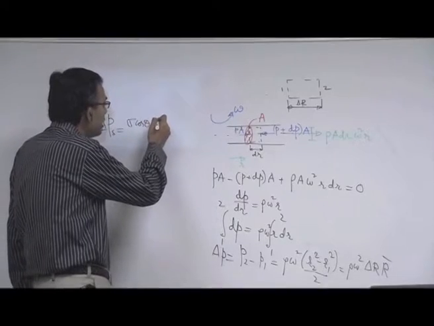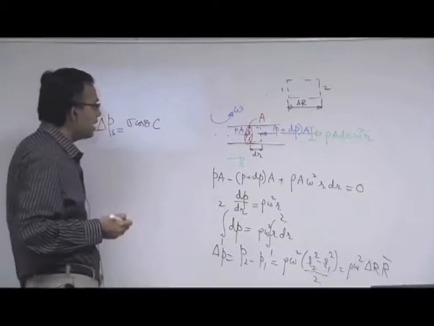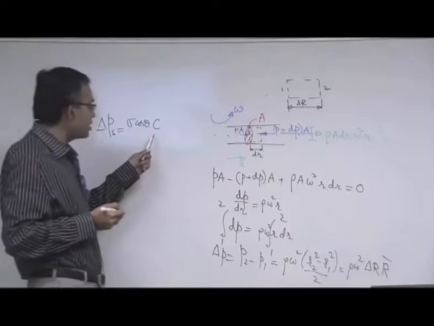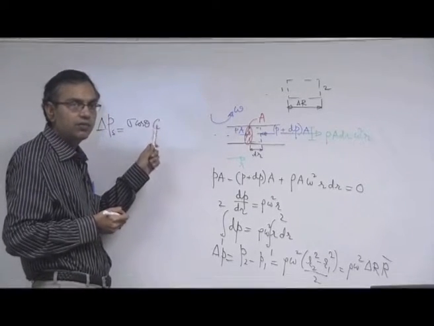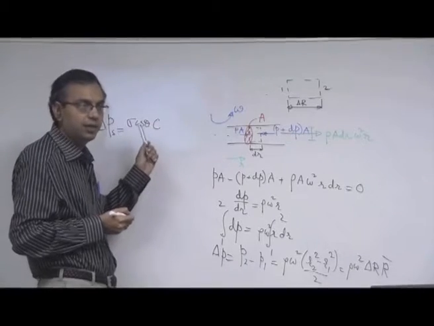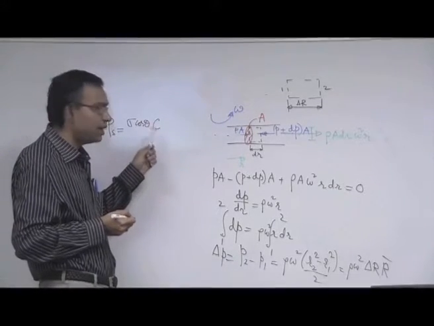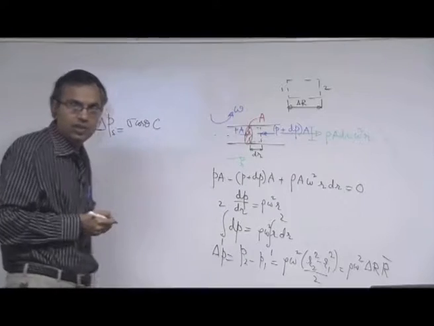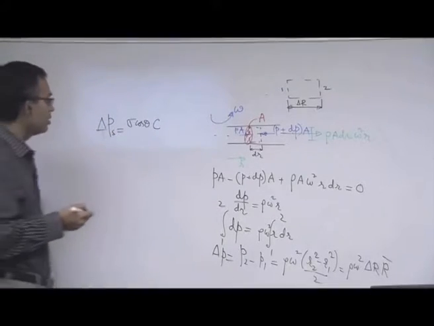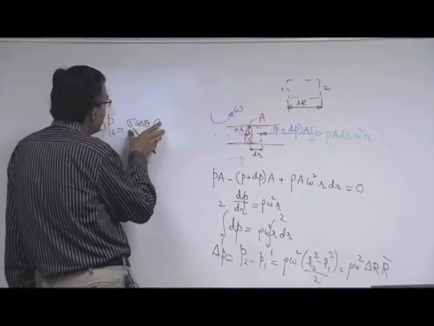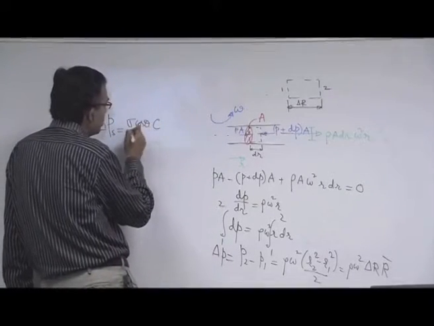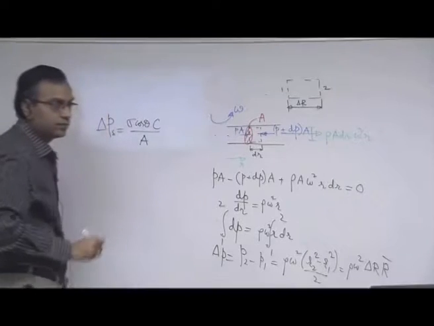So in this particular chapter, in the slides also, I have kept C as the perimeter. The reason is many times we commonly confuse between the symbols of pressure and perimeter. So this is perimeter, but we have used C as the symbol. So this is the force divided by area.